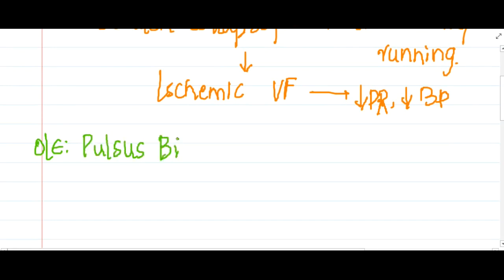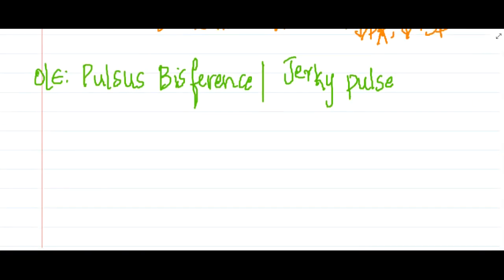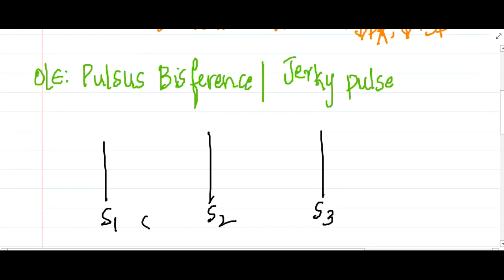Here we see something called pulsus bisferens, or we call it a jerky pulse. So what does this pulsus bisferens or jerky pulse mean? If you see, this is the normal pulse which I would like to show. This is S1, S2, S3. Here this is systole and this is diastole.